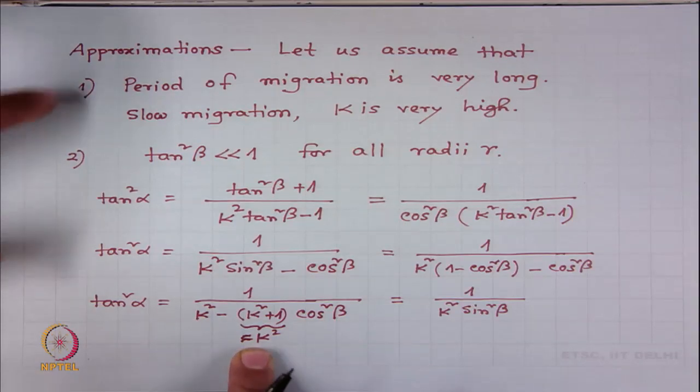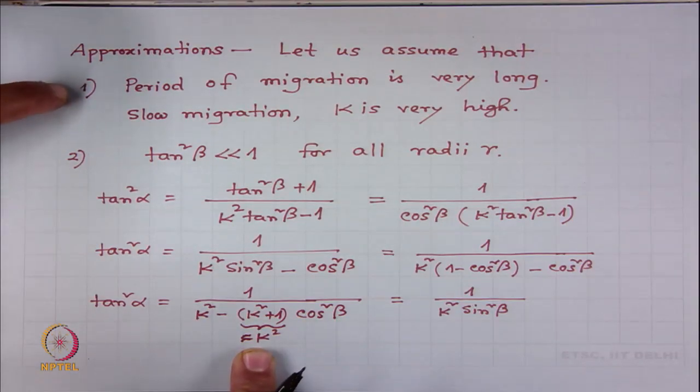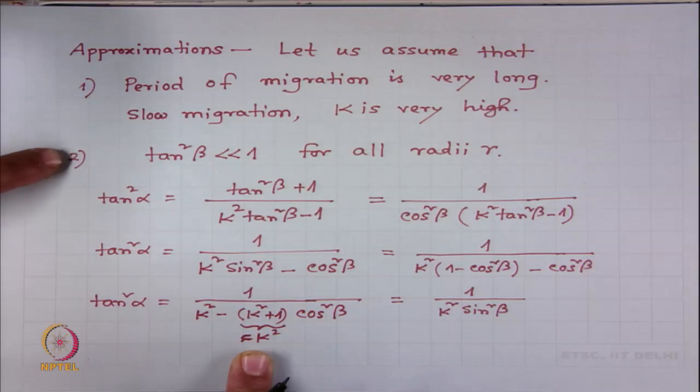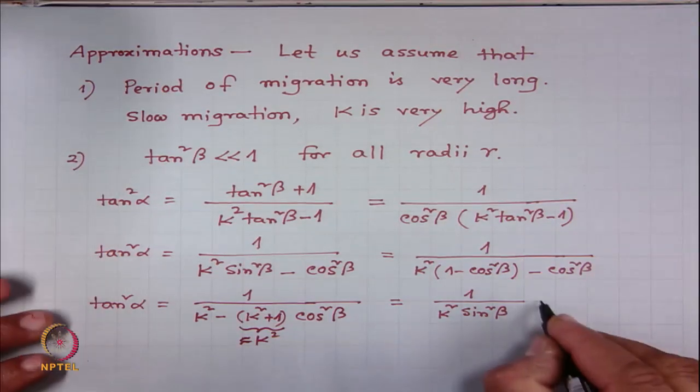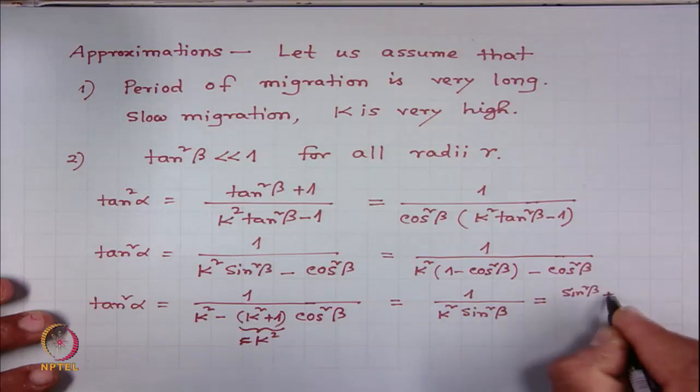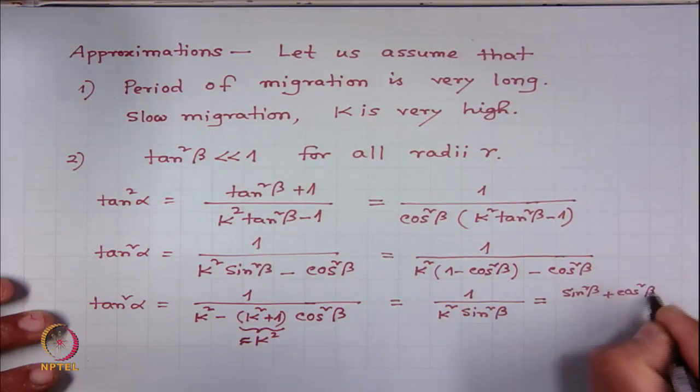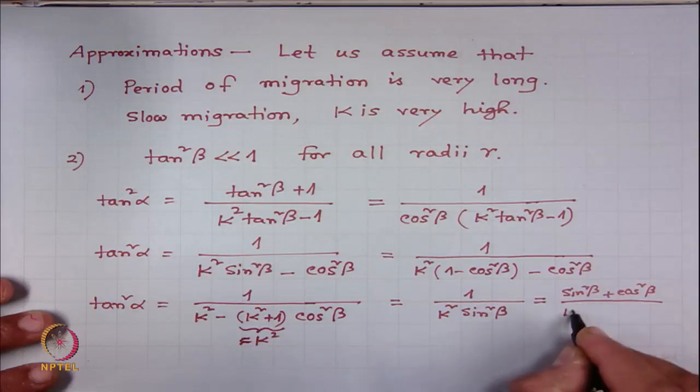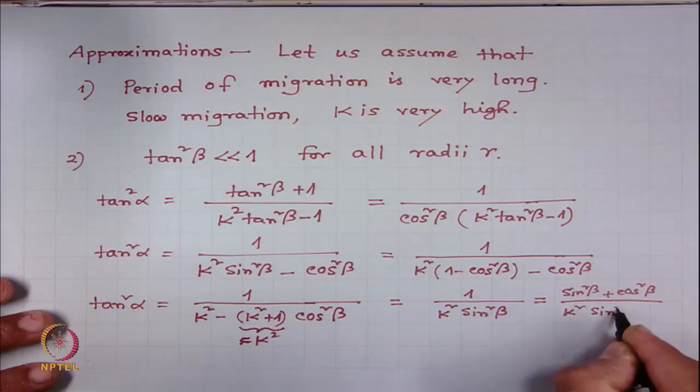So, we used here the first approximation and we would like to use a second approximation somewhere. Let us write 1 as sin square beta plus cos square beta over k square sin square beta.